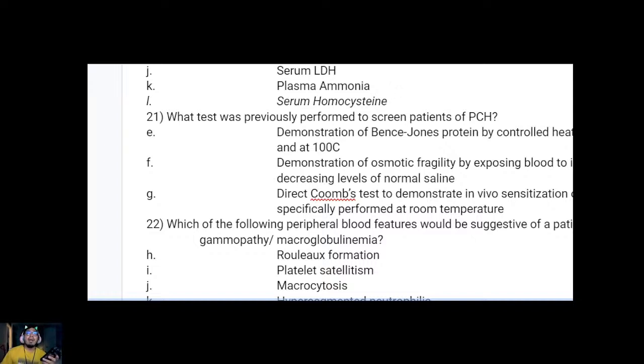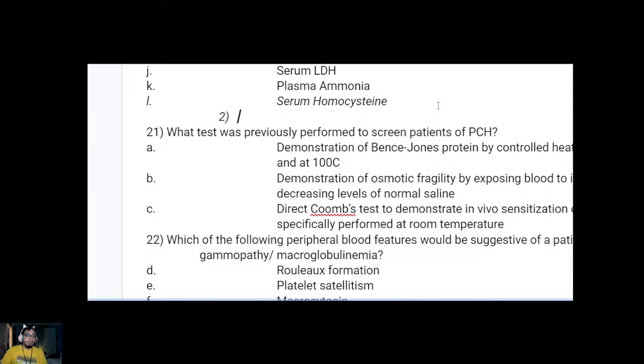Macrocytic anemias tayo. Ano ba ang dinetest natin pag macrocytic anemias? Vitamin B12. For macrocytic anemias, the tests that we look for are vitamin B12, folate, and MMA or methylmalonic acid, or homocysteine.